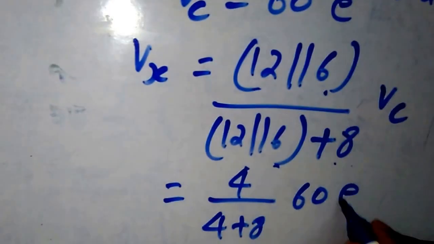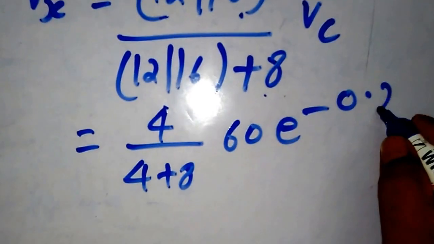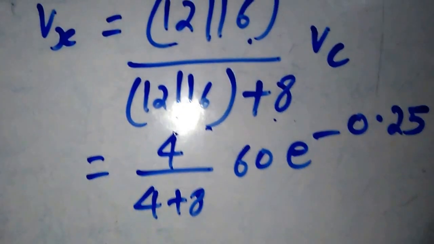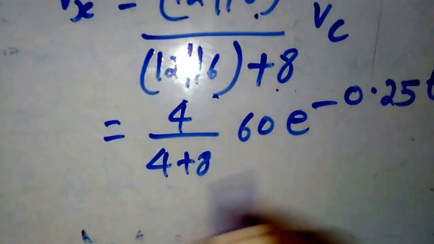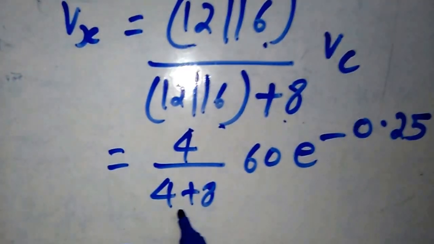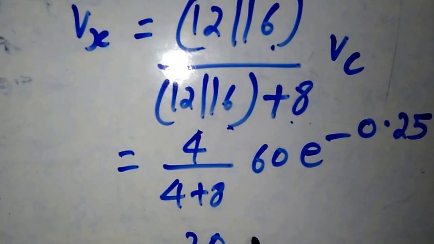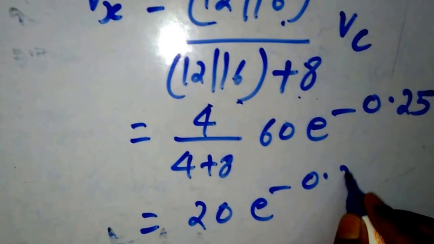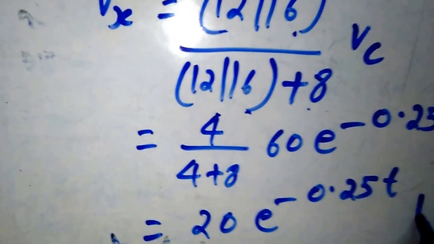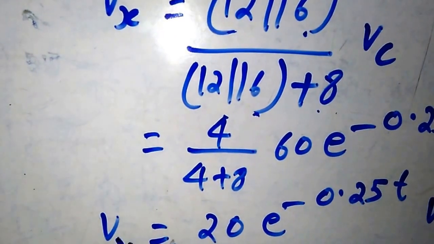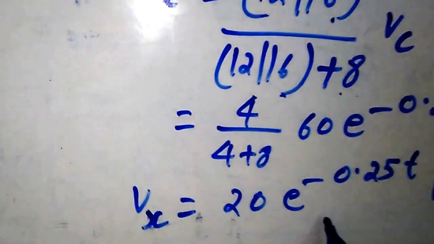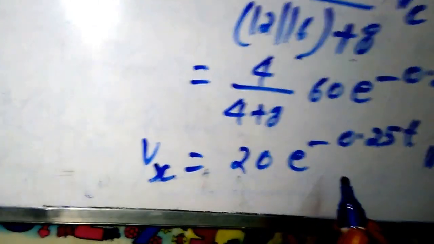Vc is 60 e power minus 0.25 t volts. 4 by 12 is 1 by 3, and 60 divided by 3 is 20 e power minus 0.25 t volts. So this is the voltage asked in the problem, across 6 ohms.